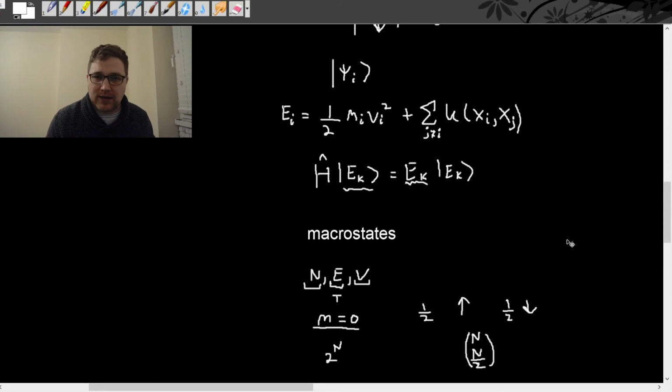And if you had guessed, the reason why we like microstates that you can easily read off the energy from is because energy is itself a very important macroscopic quantity that we're going to want to talk about.